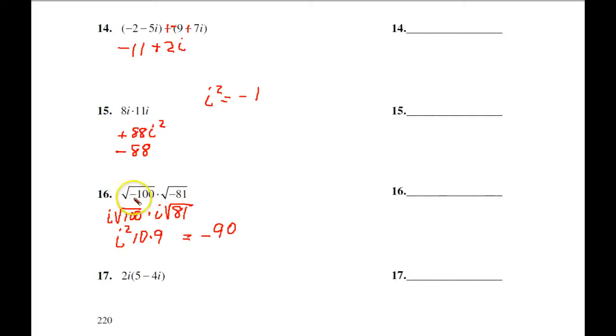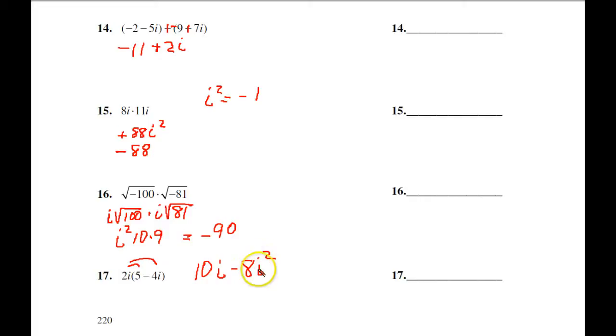Again, you have to take out the negative first as the i. Then you multiply the i's to get a negative i squared, which is a negative 1. Okay. Now these work the same way. We're going to distribute. So this is going to be 10i, and this is going to be a minus 8i squared.